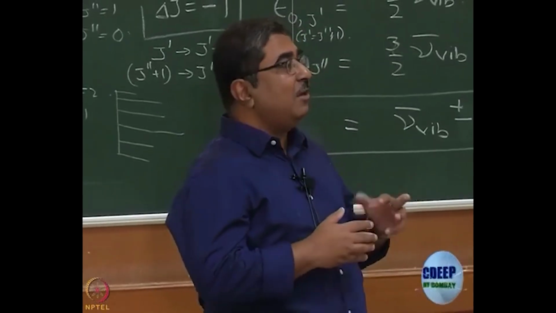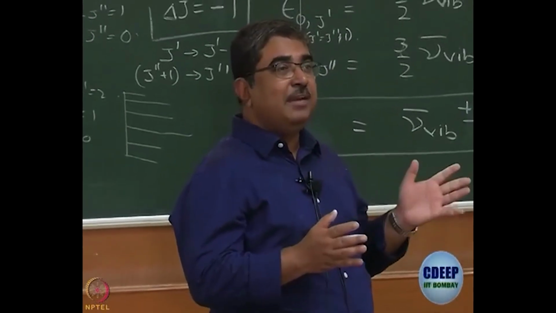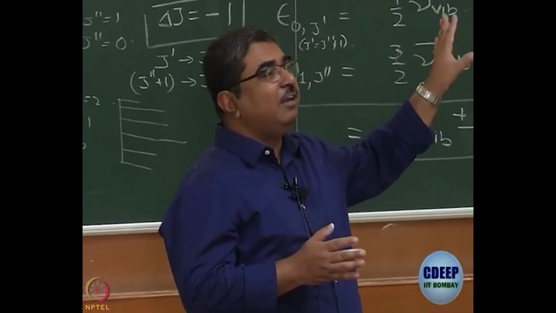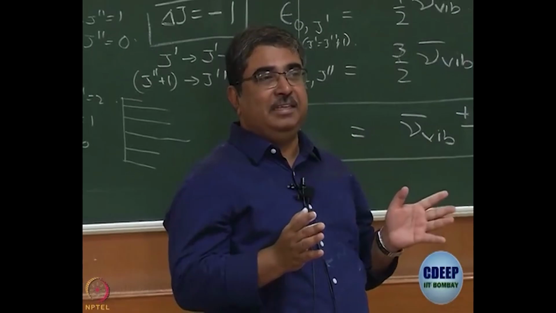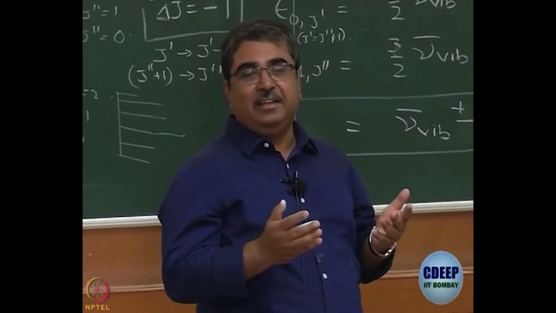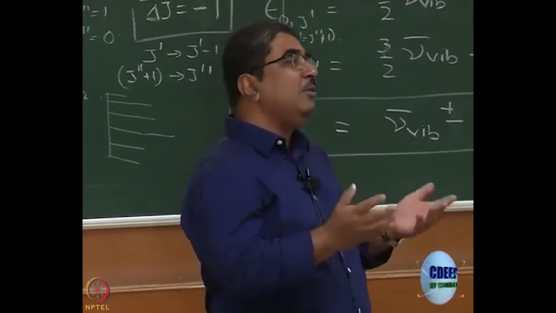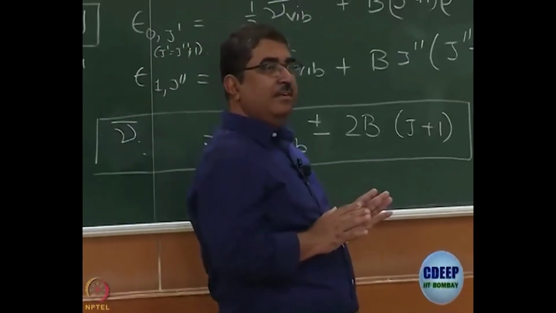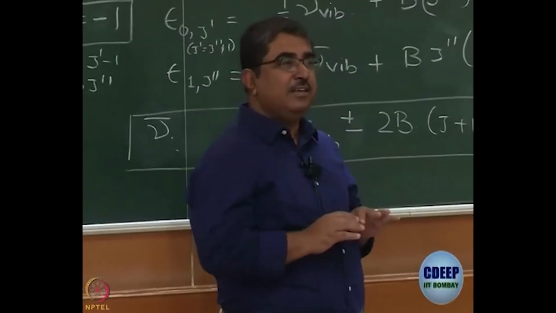If they were also almost equally abundant, then what would happen? Each line would have had a more complicated structure. Okay. It would not have been a doublet, it would have been a multiplet. Each line would have been a multiplet consisting of smaller lines, but then you could get more information out of it as well. Okay. Is there a question so far?